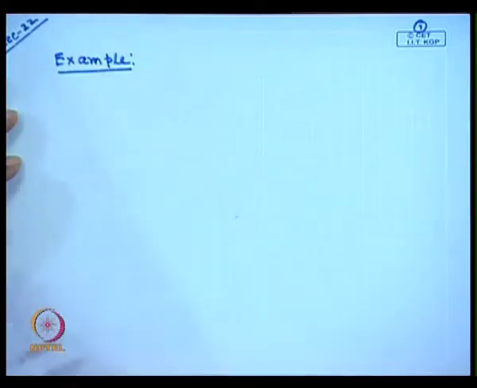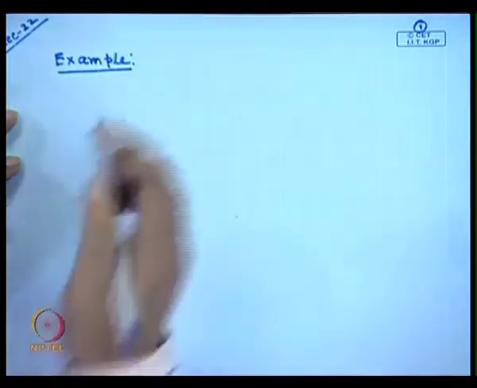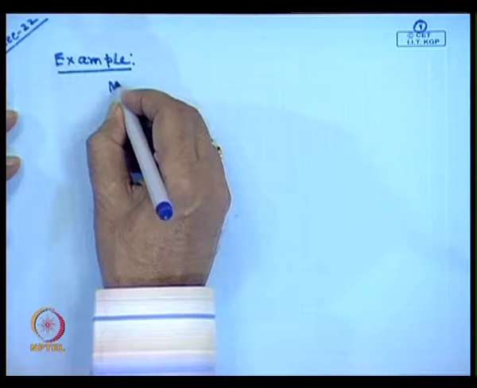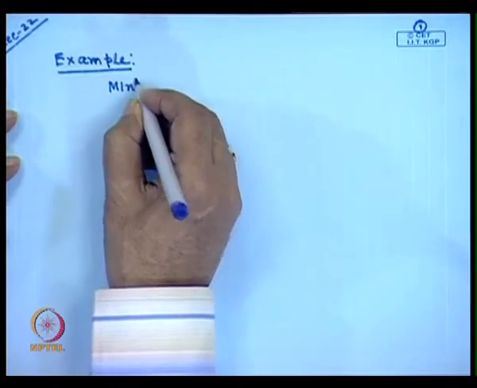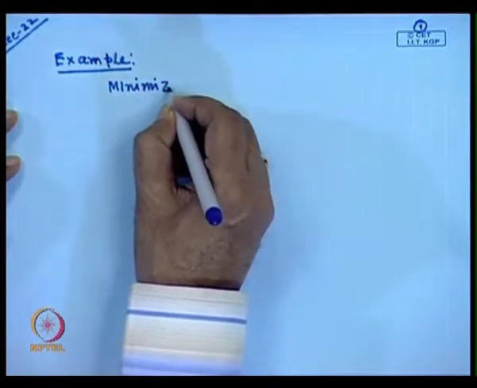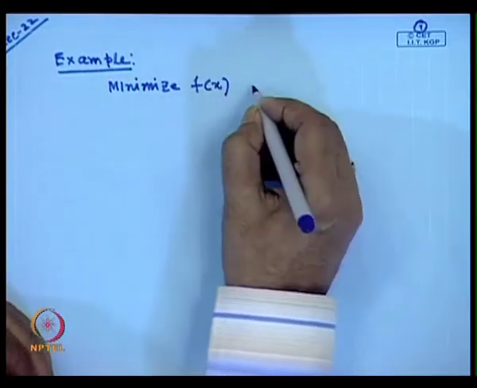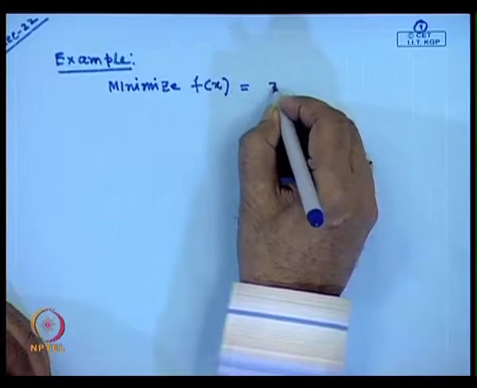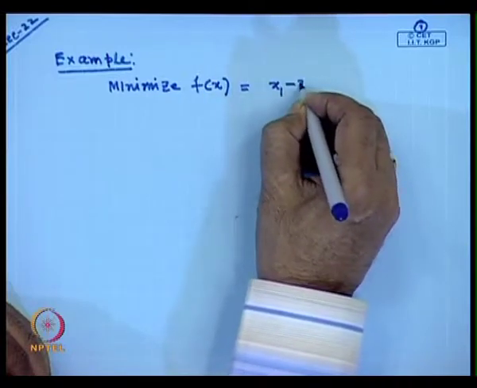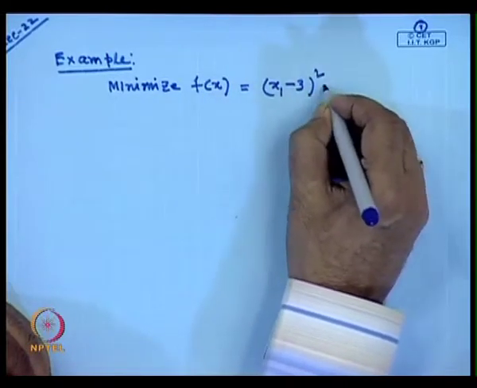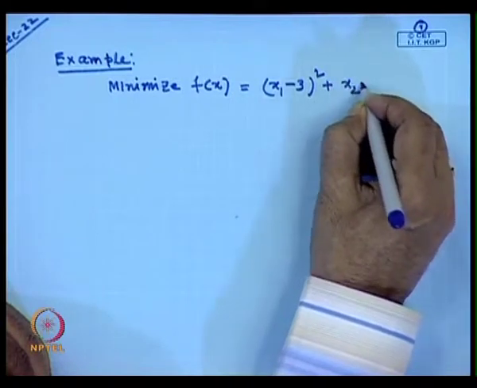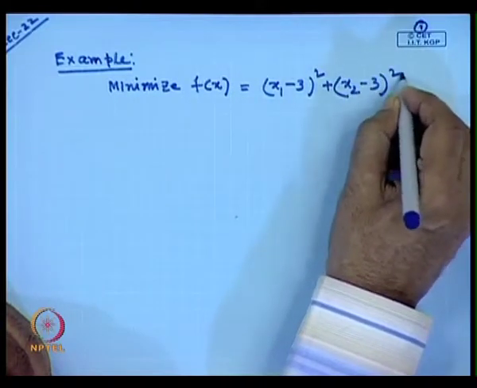Let us consider that our function to minimize is f of x equal to (x1 minus 3) whole square plus (x2 minus 3) whole square.